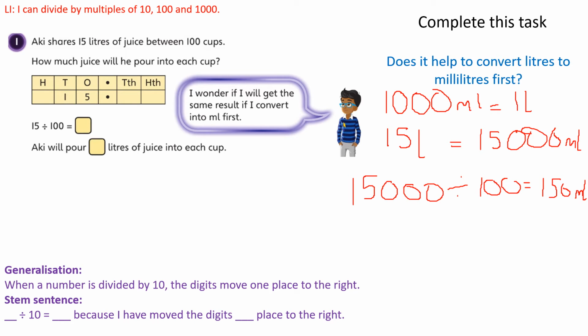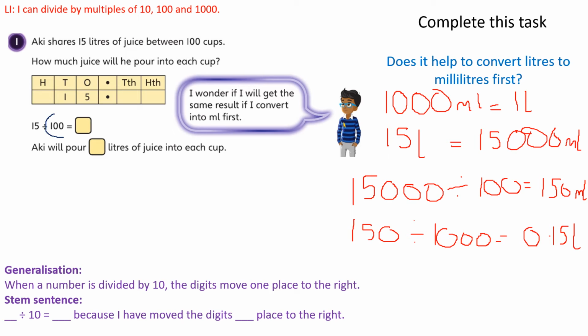But then I need to convert that back to litres. So I will do 150 millilitres divide by 1,000, which will equal 0.15 litres. Let's have a look if we get the same answer on our place value grid.